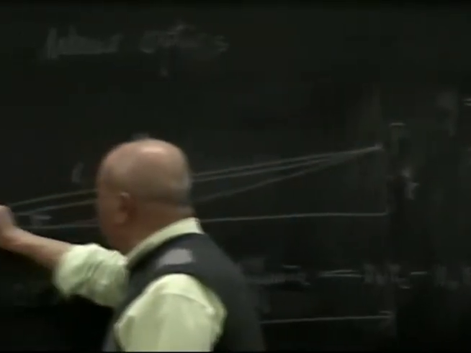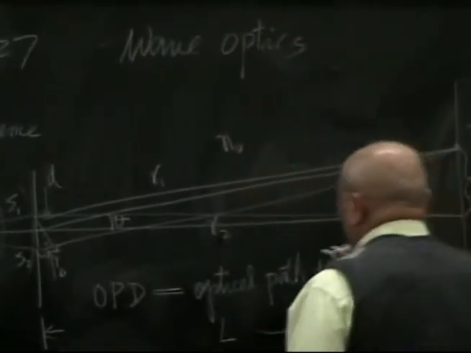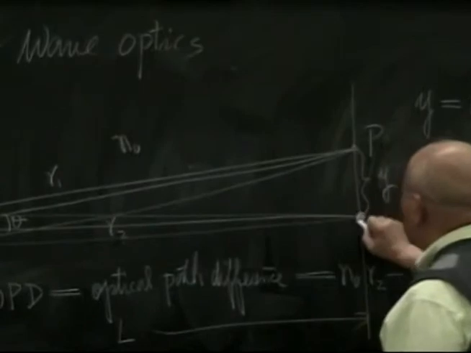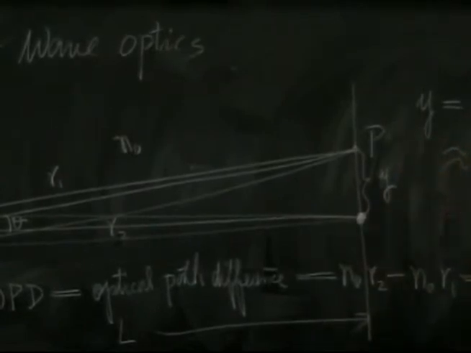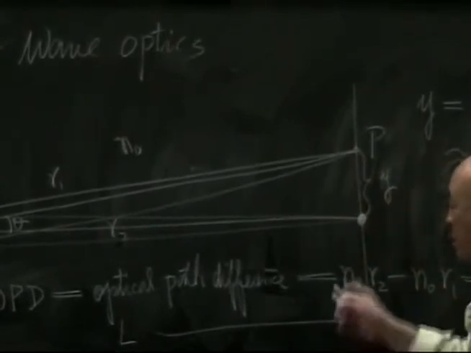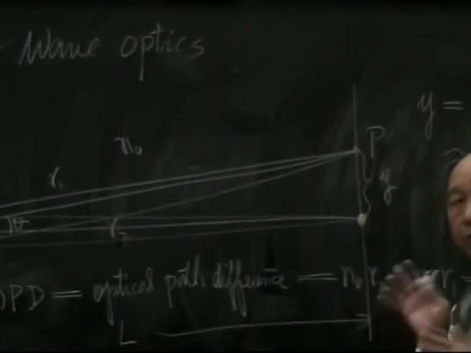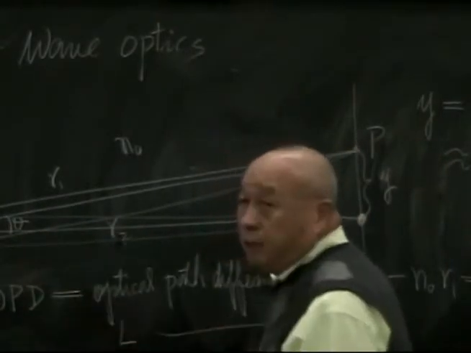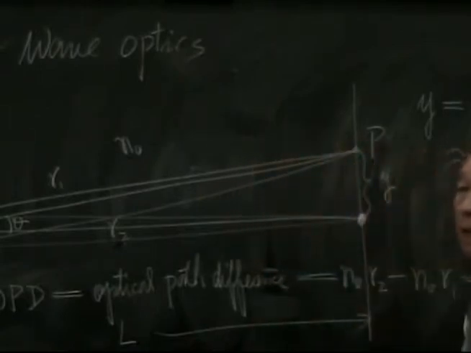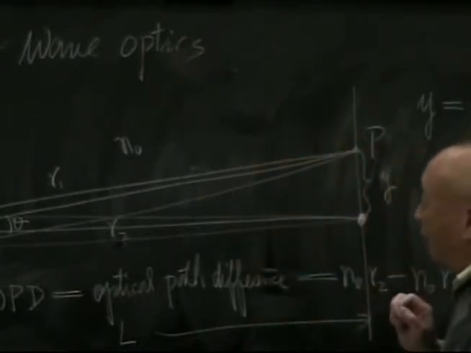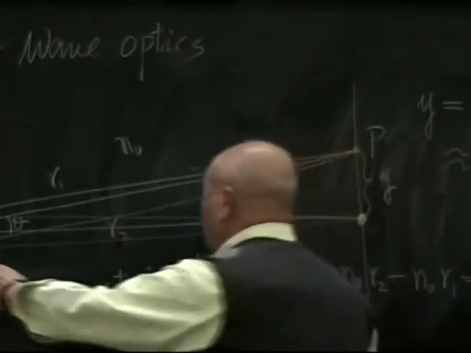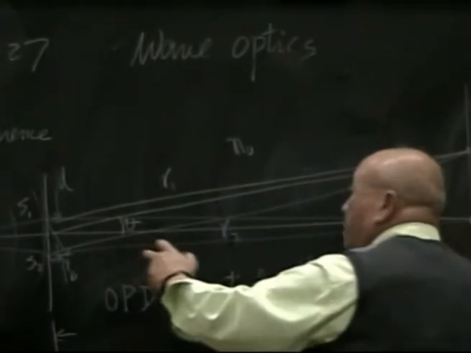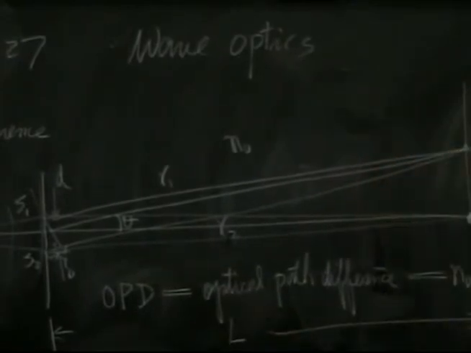From another point of view, right in the center the optical path difference is zero, so that will be bright, because delta is equal to 0. The wave optics prediction is that right at the center the fringe is bright.